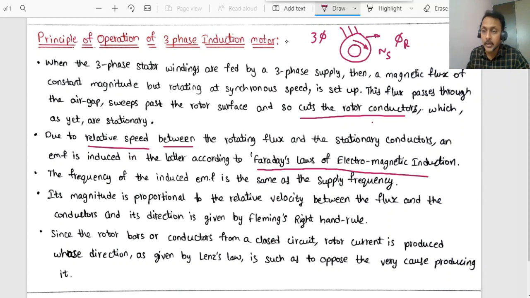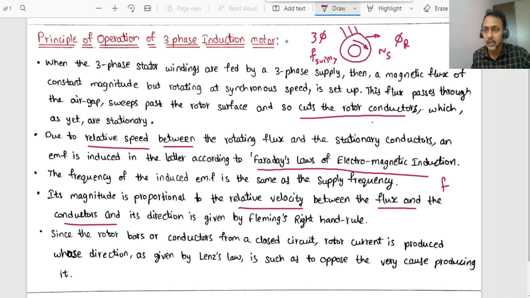The frequency of the induced EMF will be equal to the frequency of the supply. Magnitude-wise, it will be proportional to the relative velocity between the flux and the conductors.